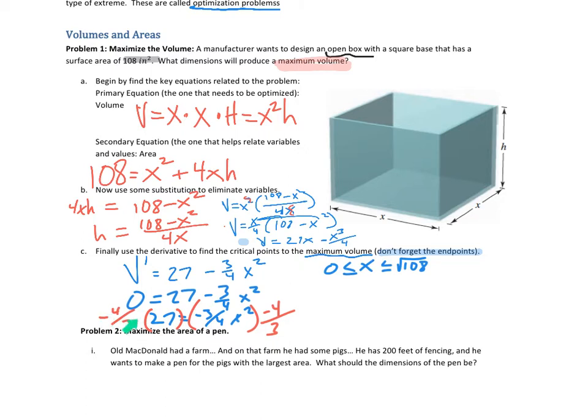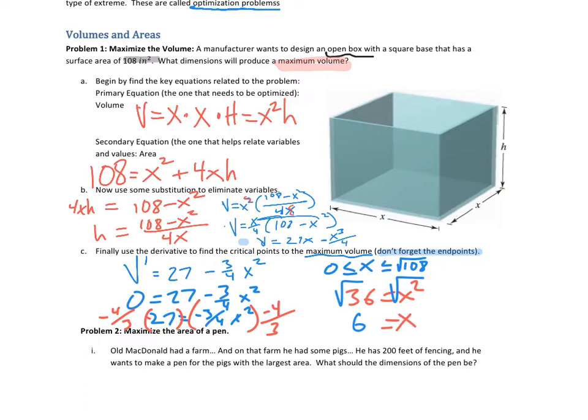That's going to be, it looks like 36. 27 divided by 3 is 9 times 4 is 36. Oh, by the way, this is a negative because I subtracted from both sides. So it's positive 36 equals x squared. And we can solve that with a square root, and we get x equals plus or minus 6, but we don't need the plus and minus. We're just going to go for the positive version.